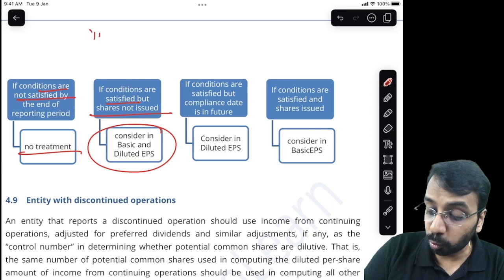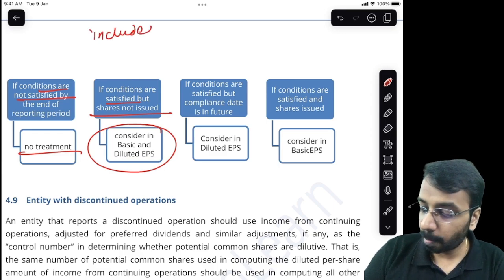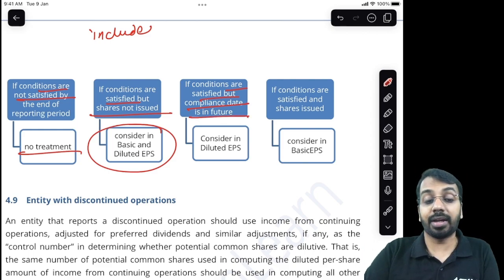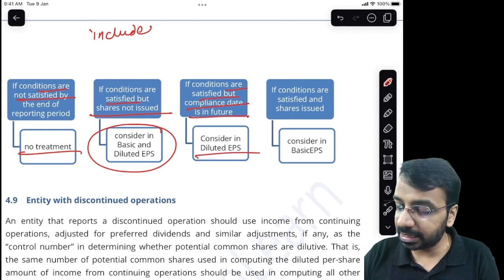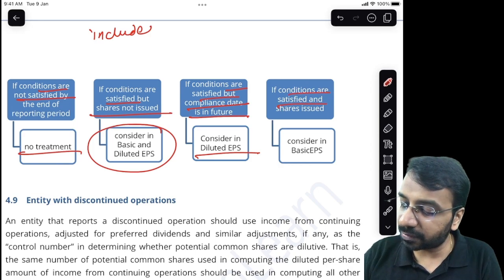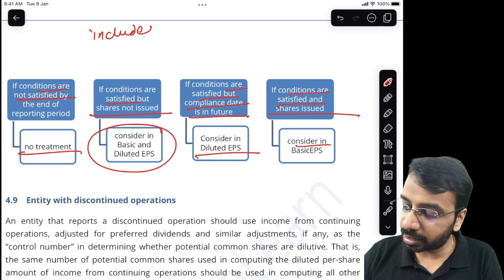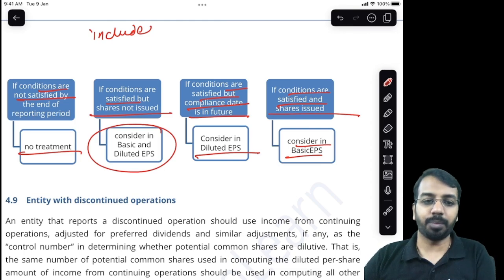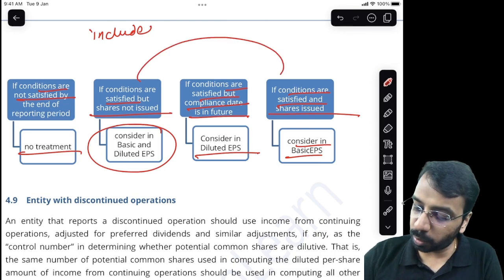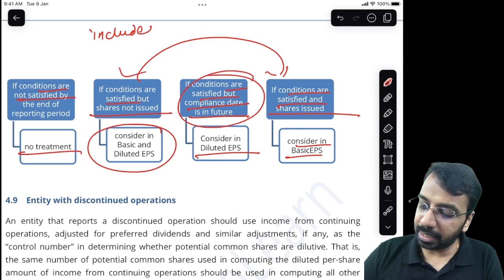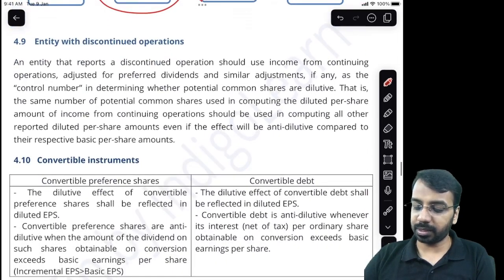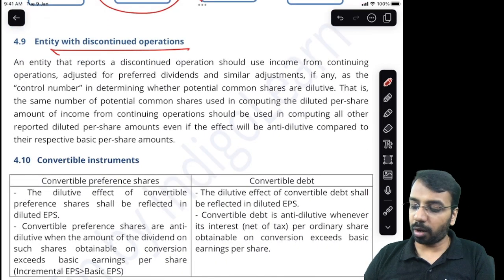Consider means include. If conditions are satisfied but the compliance date is in the future, meaning we will issue in future, then it is dilutive. If conditions are satisfied and shares have already been issued, you will consider in basic EPS, and automatically it gets included in diluted EPS as well. So these two are similar, and if it is in future, it will be considered in diluted EPS.